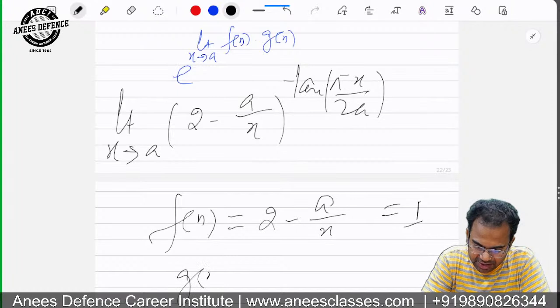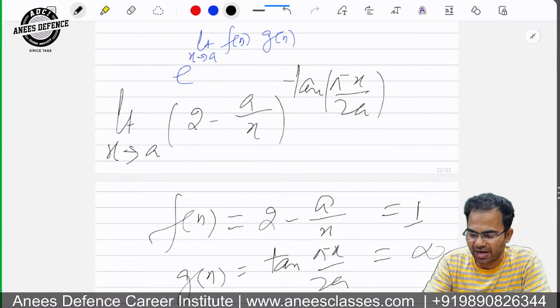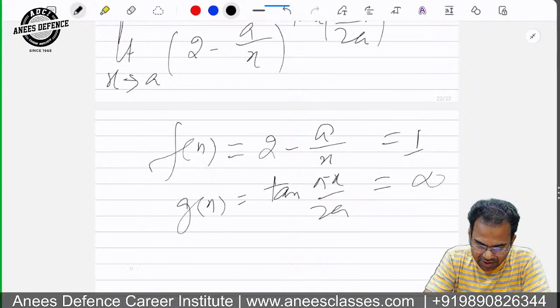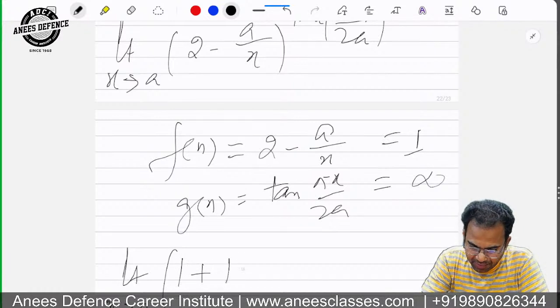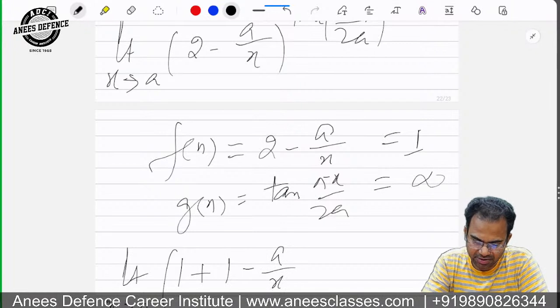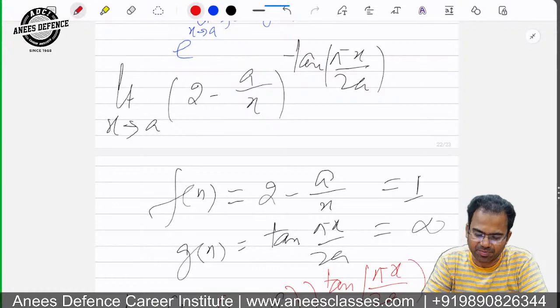Here g of x is tan pi x upon 2a, you will get infinity. I will not solve by this form. I will solve by 1 plus form. So I will write 2 as 1 plus 1, okay? 1 plus 1 minus a upon x. 1 minus a upon x you will consider as f of x, and whole to the power tan pi x upon 2a. Any problem?